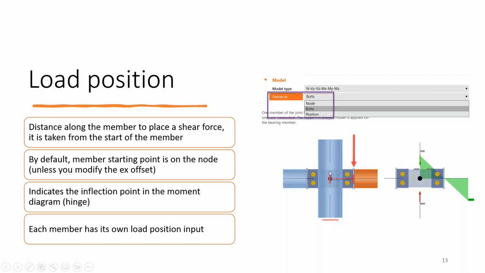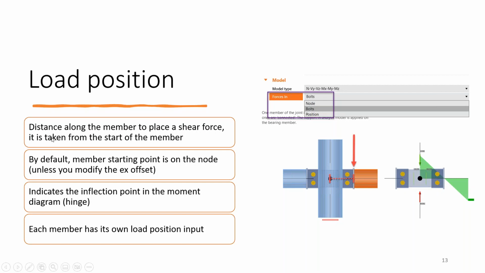As you can see here, the red line is representing the shear force that I'll input in this model, right? And then using the load position, I am also indicating to the software where that hinge will be located. So that means the inflection point of this moment diagram that I am showing here. Okay, and that you can see in the software.